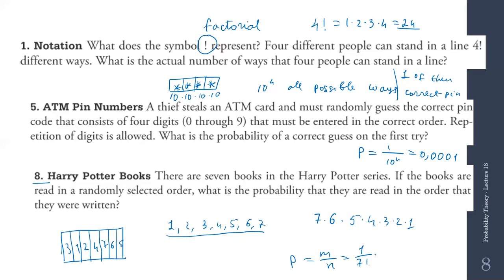The correct order is only 1. Just in one case, you will read them in the correct order. So 7 factorial gives us 5,040, and the probability is 1 over this number.